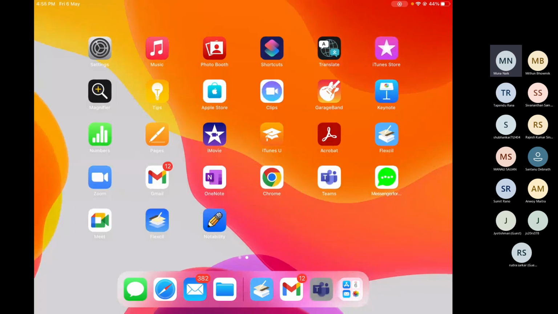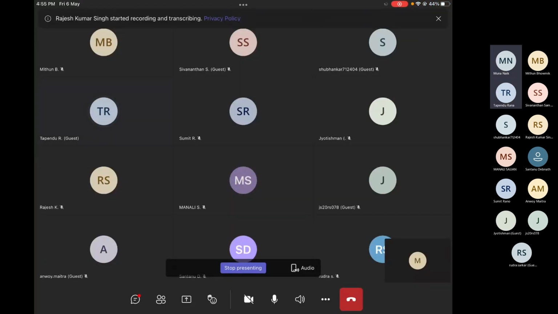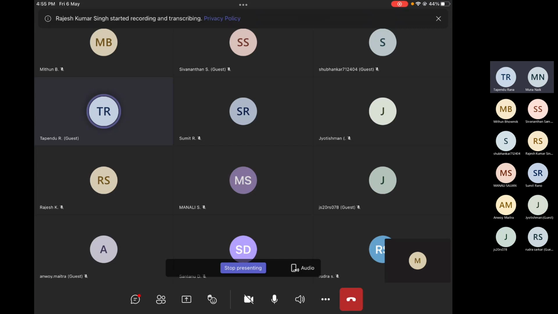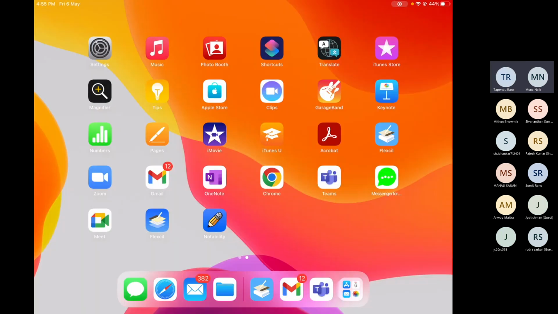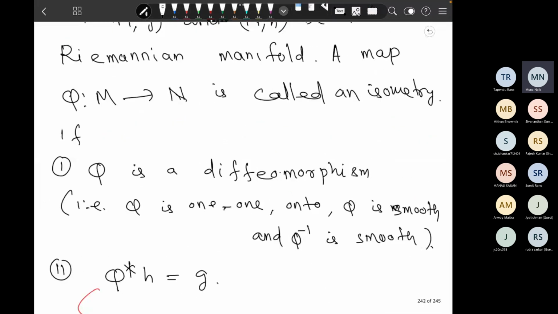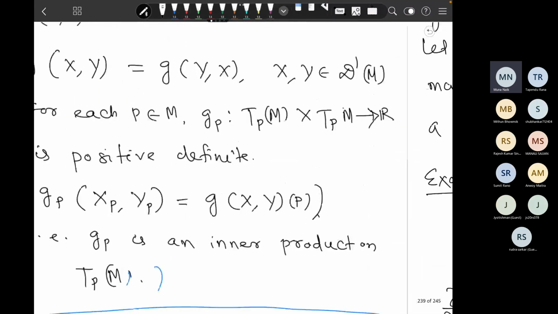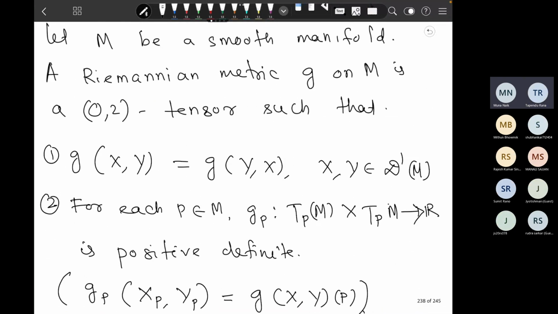Yes, tell me. When you are defining a Riemannian manifold, in the definition we are saying that g_p from T_pM times T_pM to R is positive definite, and we are defining g_p(X_p, Y_p) as g(X, Y)(p).